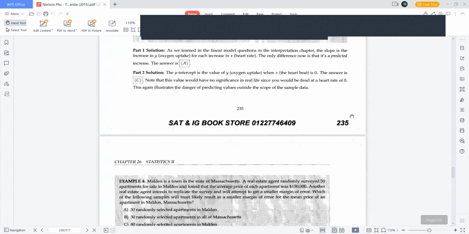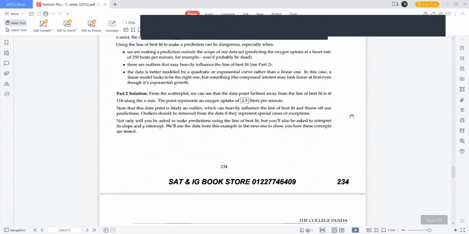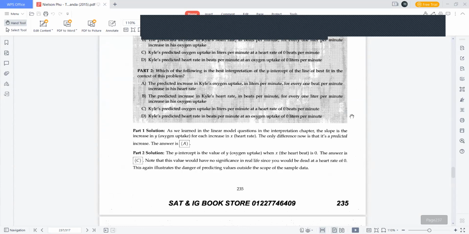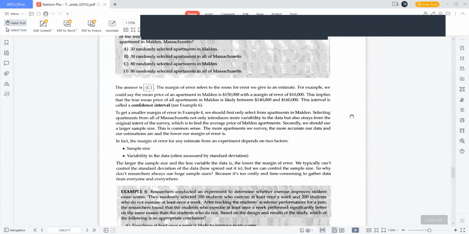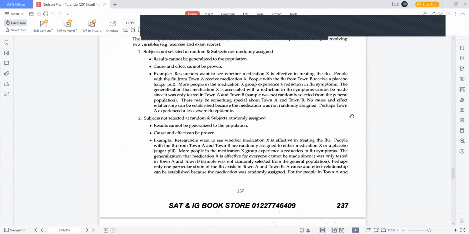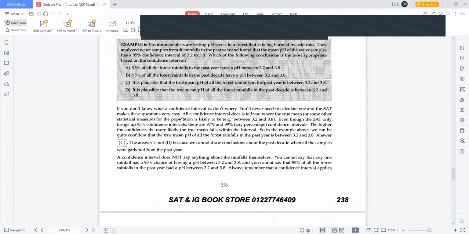Even though this meeting is ending really soon. Confidence interval, 95%. It doesn't go into detail, and you don't need it for this level of statistics. If you don't know what a confidence interval is, don't worry, you'll never need to calculate one.